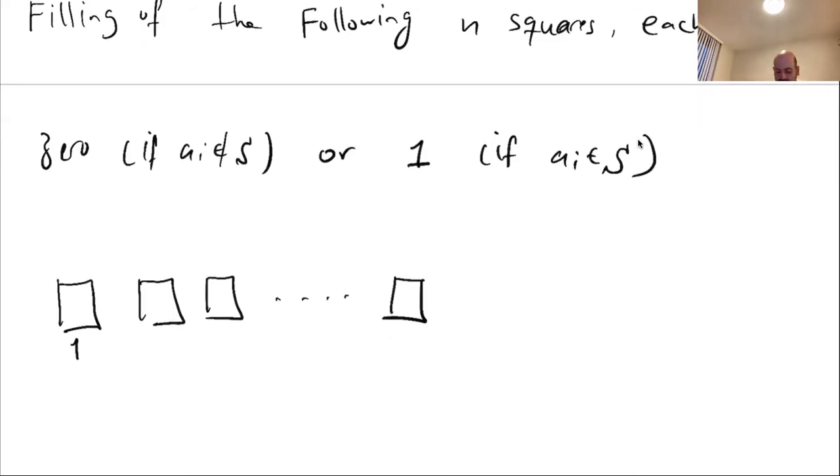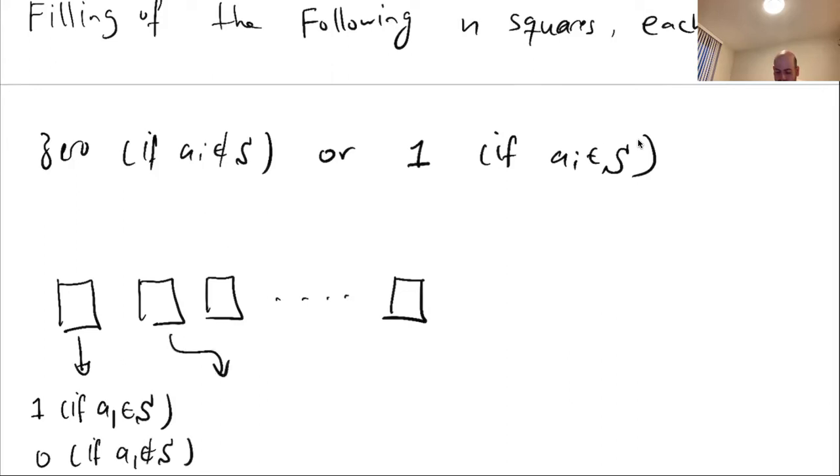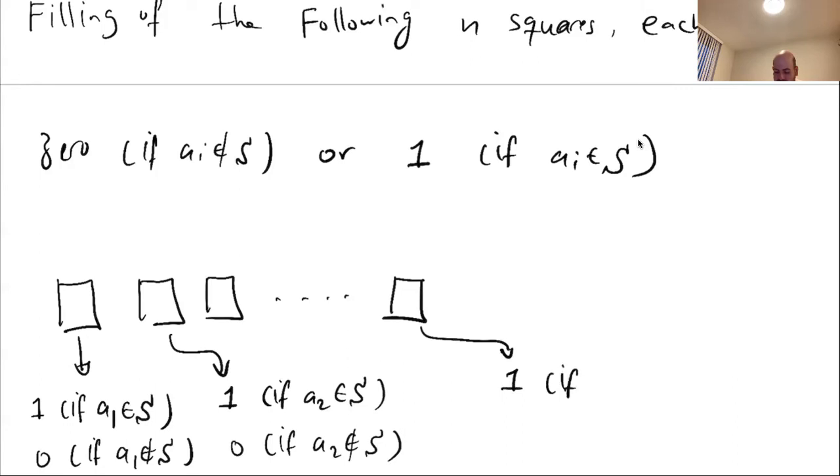So 1 if A1 belongs to S, and 0 if A1 does not belong to S. Similarly, this one, again, 1 if A2 belongs to S, and 0 if A2 does not belong to S. And all the way to the last one, 1 if AN belongs to S, 0 if AN does not belong to S.